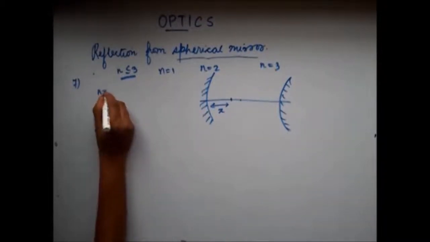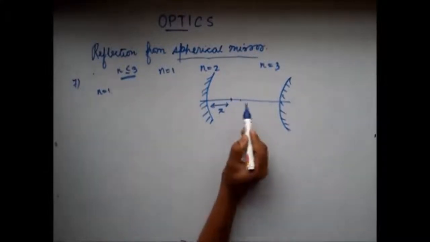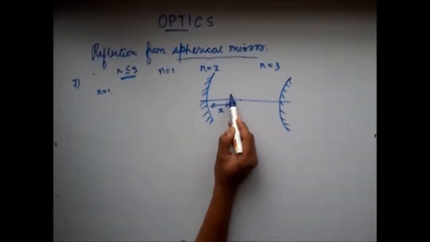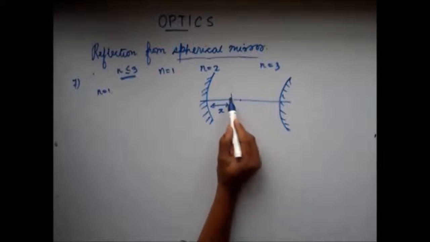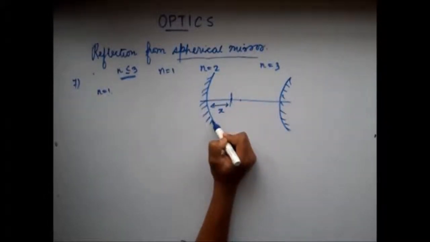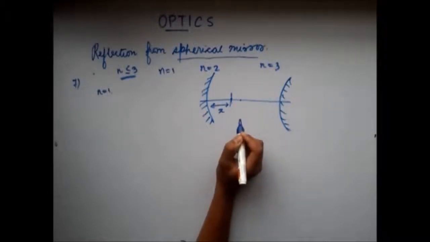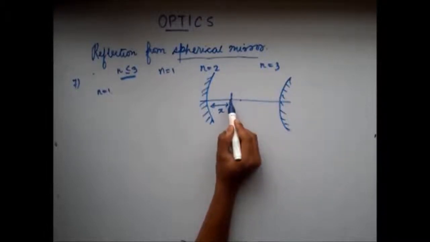So first case, n is equal to 1, that means there is only one reflection, there is no reflection on the convex surface. So the final image coincides in position with the object after reflection from the concave surface. When can that happen? That can happen when the object is placed at the center of curvature. Remember, when the object is at center of curvature, the image is also formed at the center of curvature.